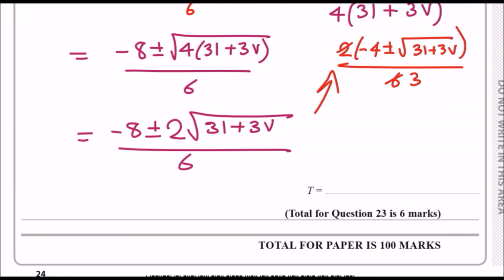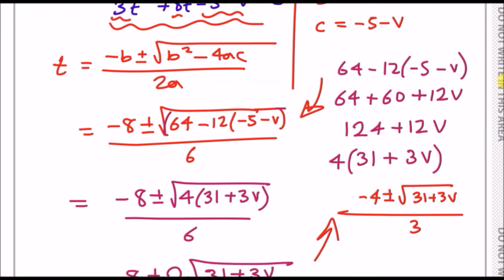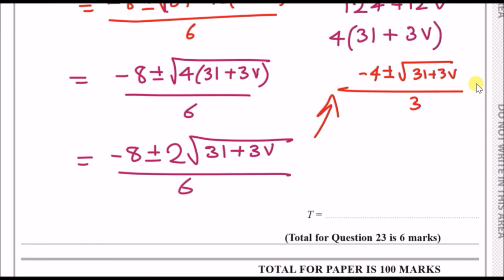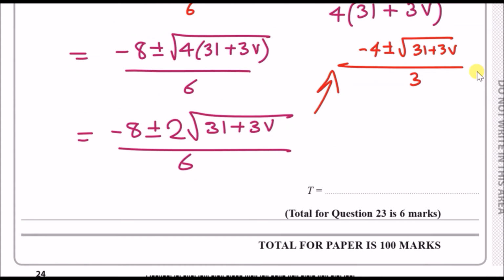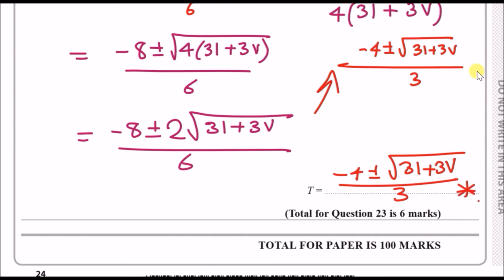And yeah, guys, that's actually the final answer. You don't need brackets. It's just minus 4 plus minus all of that over 3. And yeah, that's it. We got the answer. So we can say, therefore, capital T is just minus 4 plus minus the square root of 31 plus 3 capital V, over 3. And that's it. We're done.